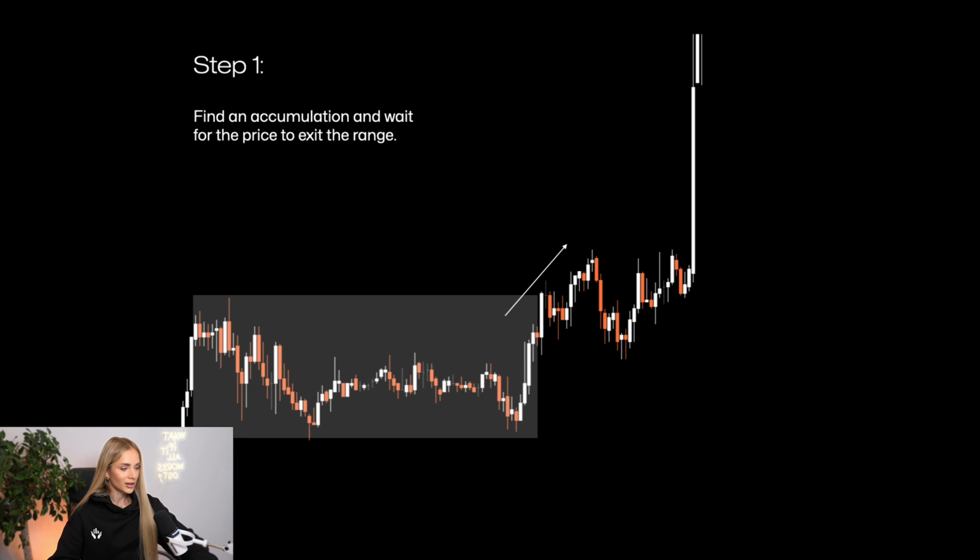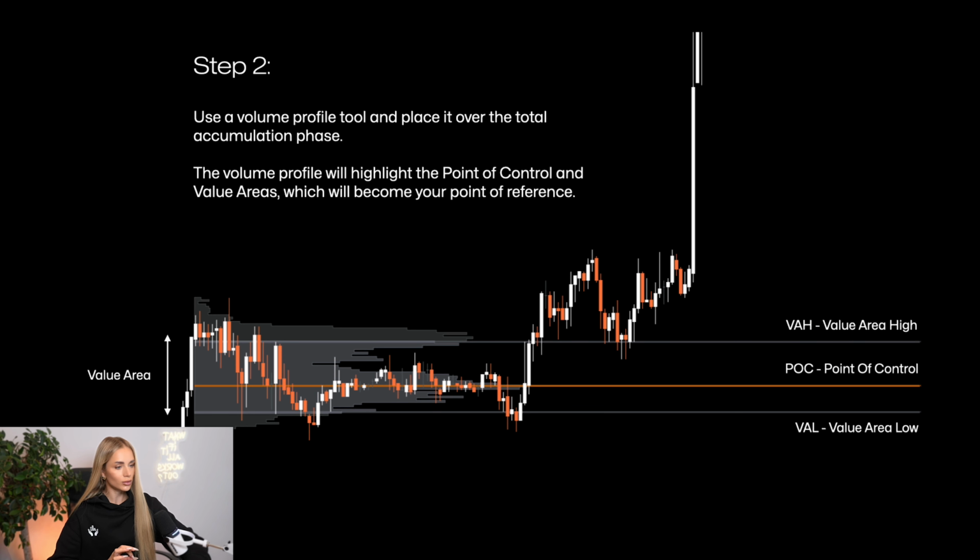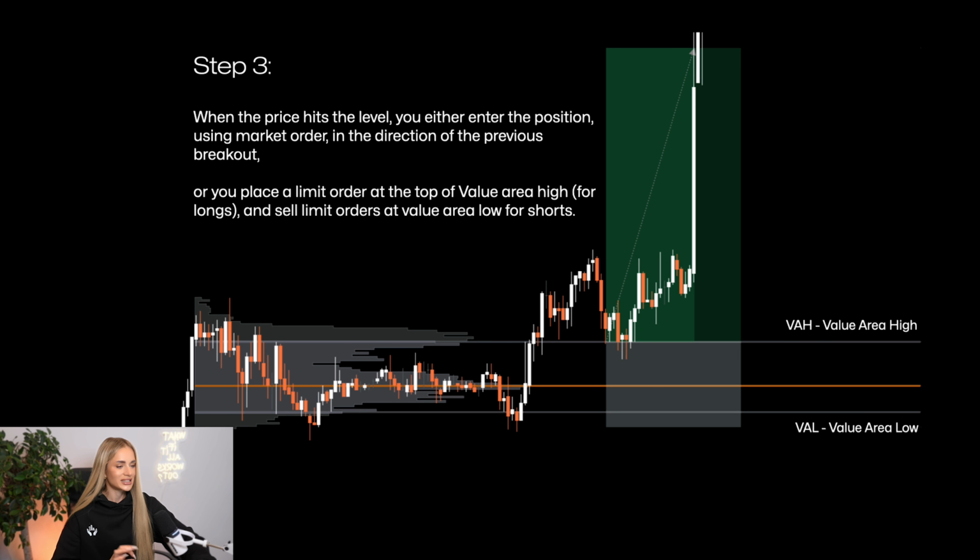Step 1. You find the accumulation and wait for the price to exit the range. Step 2. You take a volume profile tool and place it over the total accumulation phase. The volume profile will highlight the point of control as much as value area, and that is your point of reference. Step 3.